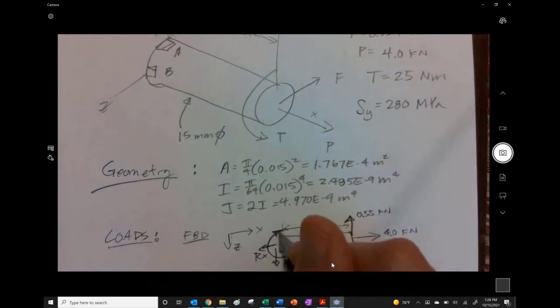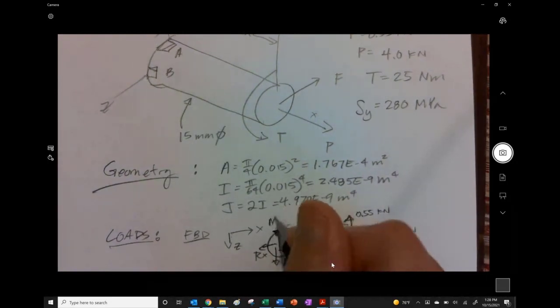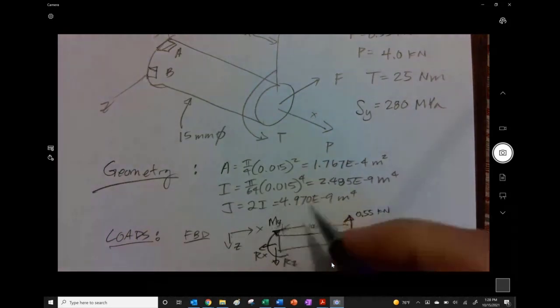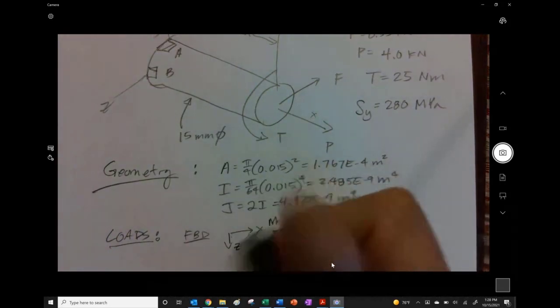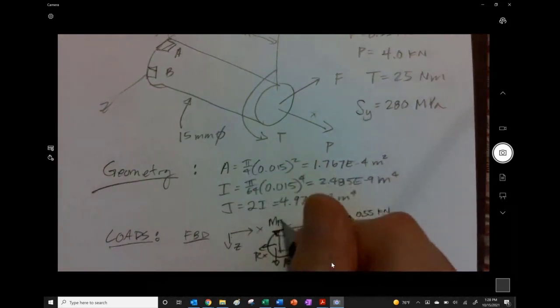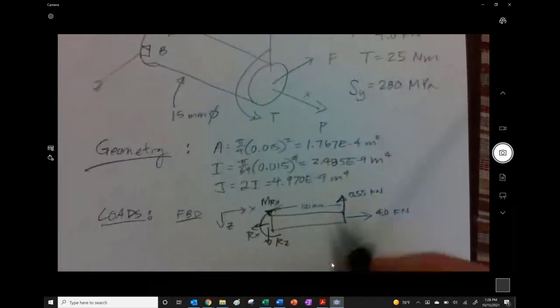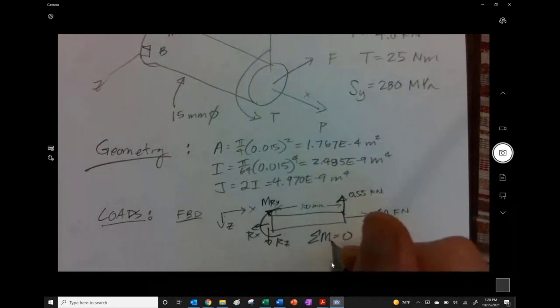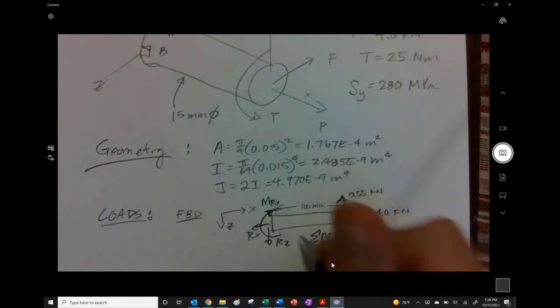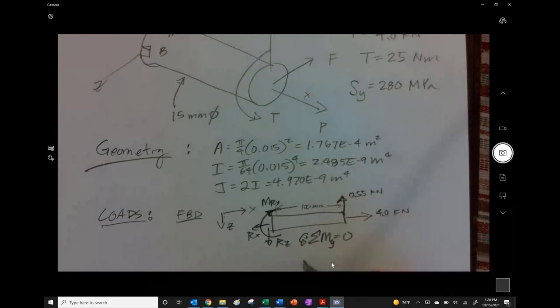So this reaction moment, M, call it Y. Or maybe I should keep using my R's, MRY is reaction moment. So as dumb as it is, just go through the motions. It's a good idea to go through the motions. So M here is about the y-axis.